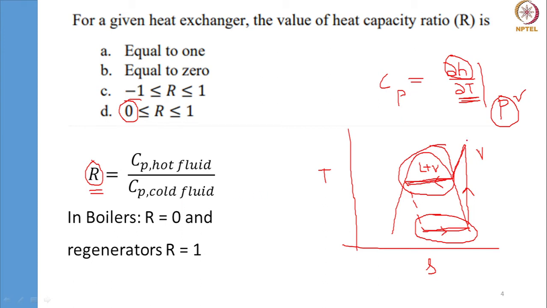But in case we consider the heat exchanger to be only in this portion, Cp of hot fluid and Cp of cold fluid have certain values. None of them is infinite and none of them is 0. As a result, we have a certain value of R, but because Cp of hot fluid will be more than the Cp of cold fluid, we have it less than 1.